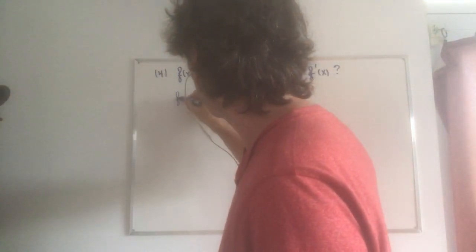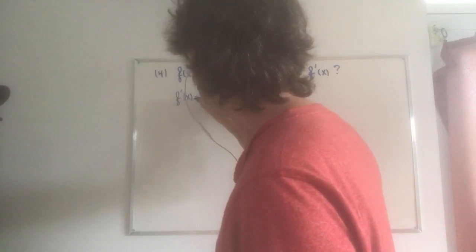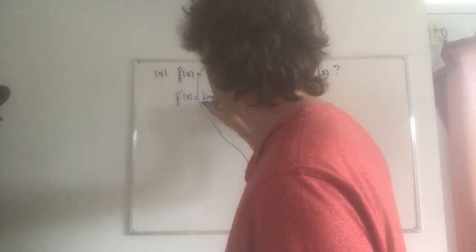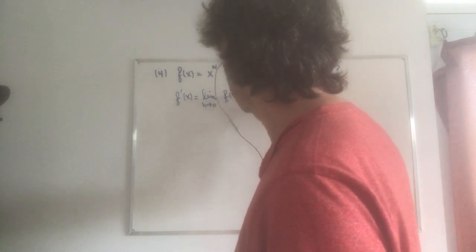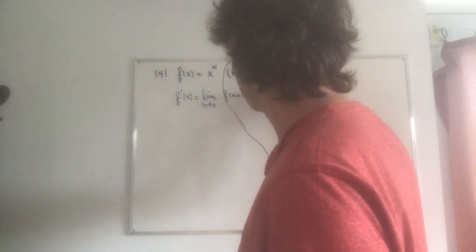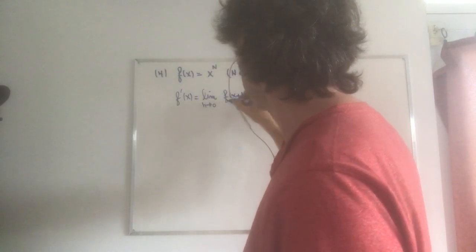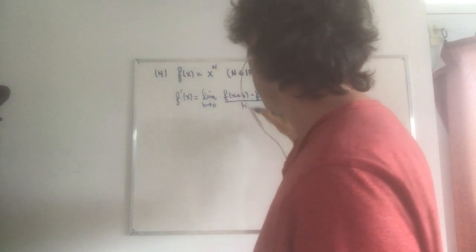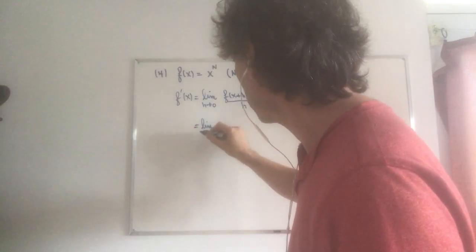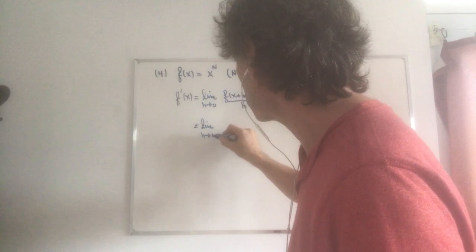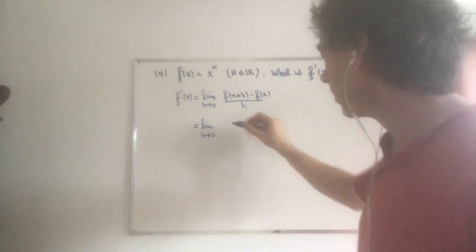So f prime, we still have no choice. We still have to go through the limit definition to figure out the general rule for this. f of x over h. Okay, so that's the limit as h goes to 0. And then what do we have here?